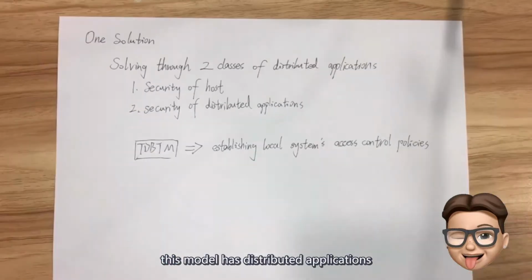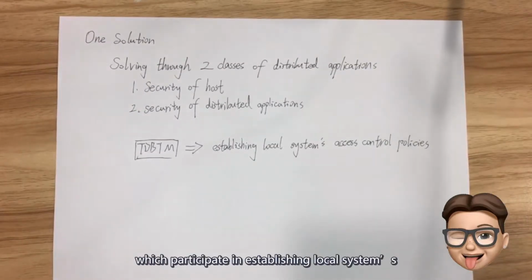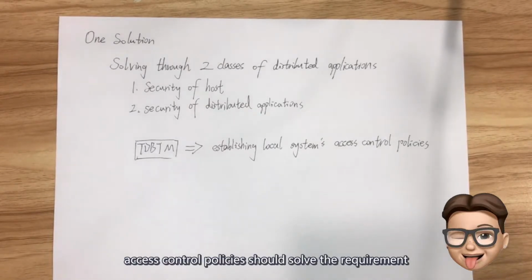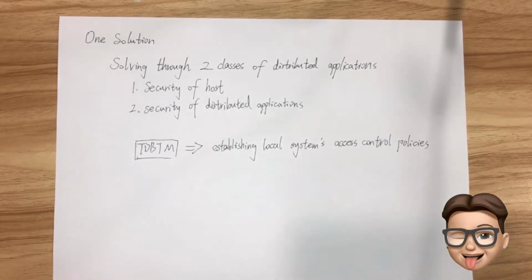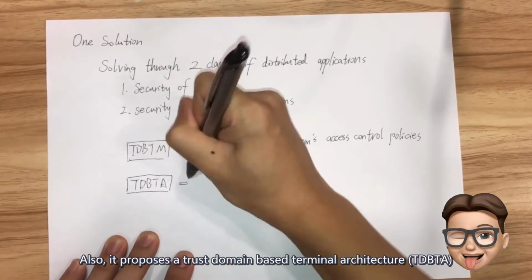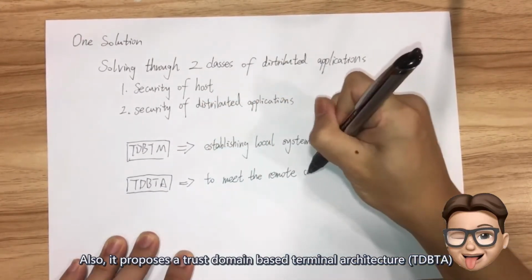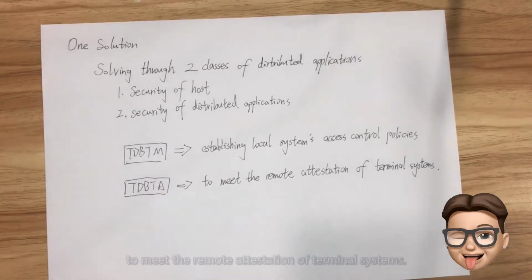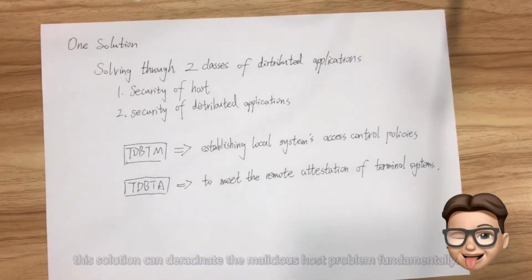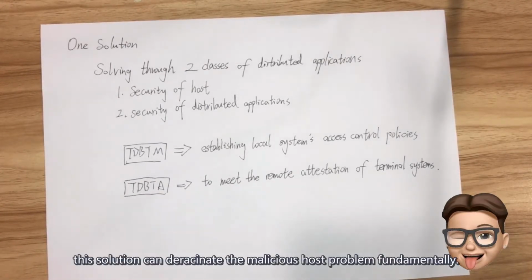In this model, distributed applications participate in establishing local system access control policies, which should meet the requirement of guaranteeing the integrity and confidentiality of distributed applications. Also, a trust domain-based terminal architecture was proposed to meet the remote attestation of terminal systems. With these 2 proposals, this solution can fundamentally eradicate the malicious host problem.